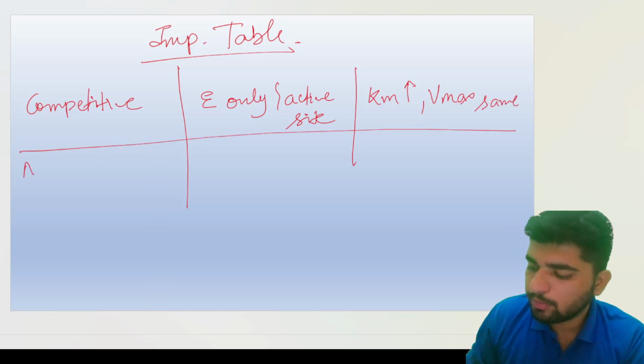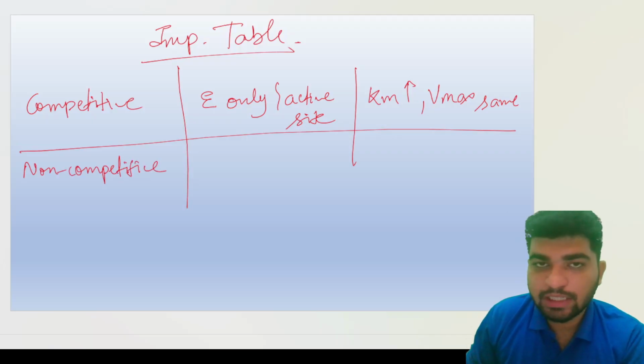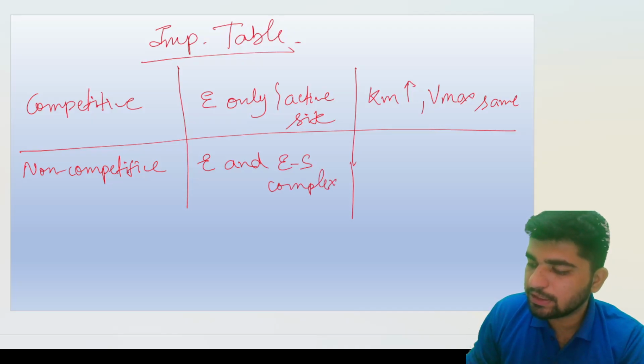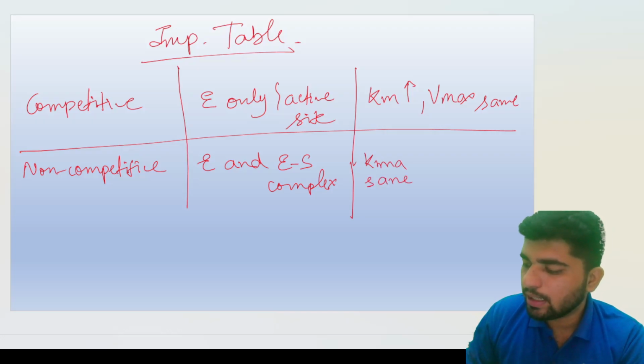Now, non-competitive. In non-competitive, the inhibitory drug was binding onto the E and ES complex, isn't it? And here the Km was the same and the Vmax was decreased. Correct?